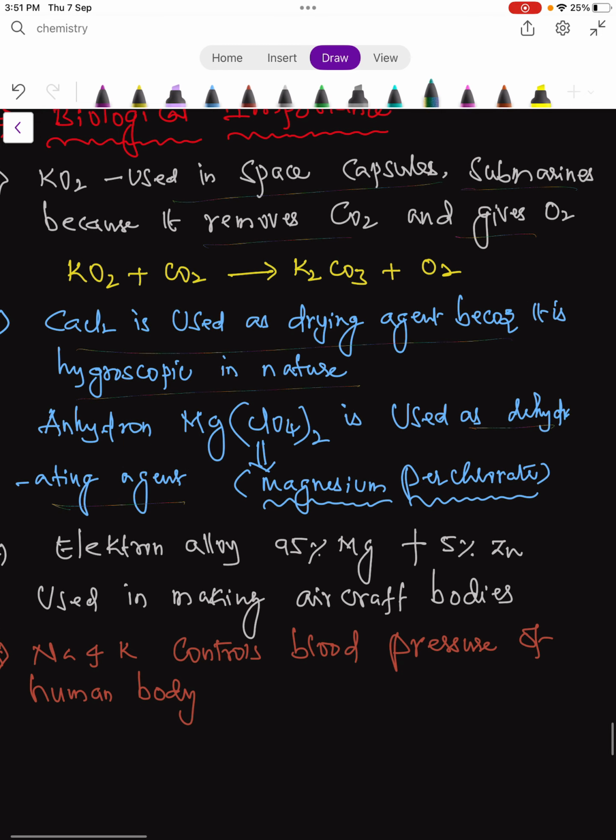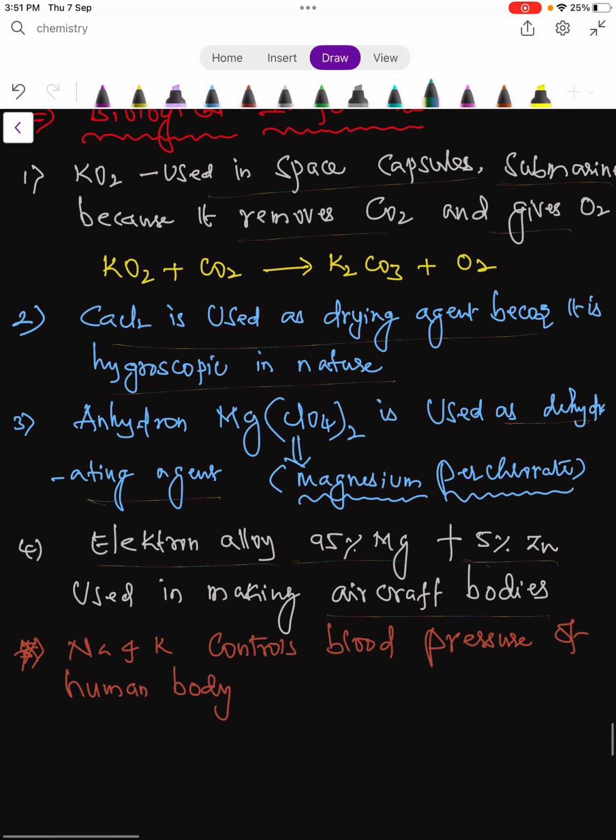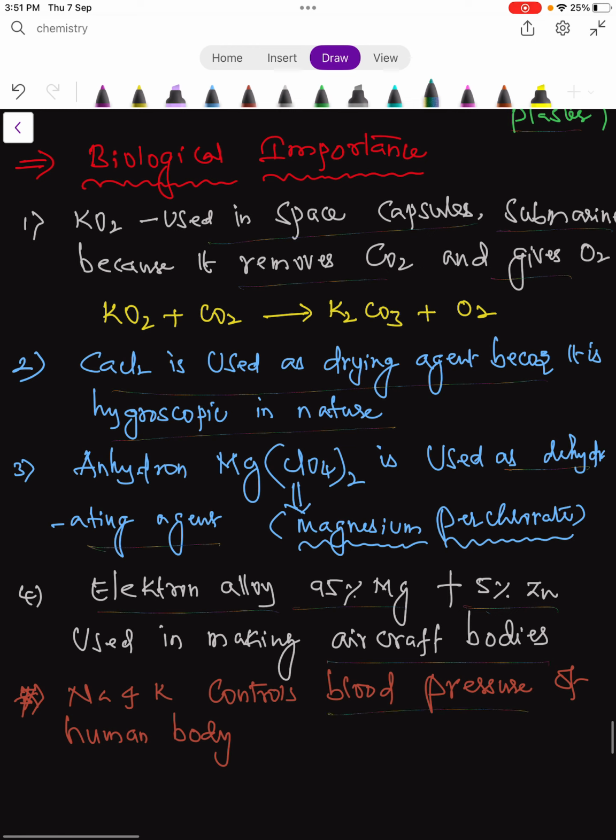Next, electron alloy, 95% Mg and 5% zinc, is used in making aircraft bodies. Sodium and potassium control blood pressure in the human body, and potassium is also used in the conversion of ADP to ATP. So these are the important concepts related to s-block elements. Thank you.